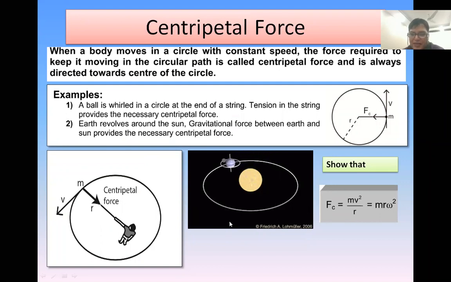If this is a circle along which a body is moving, let's say it is a stone attached to a string, and the string is with the hand. What is responsible for this circular motion? A force which is provided by the hand. It means that nobody can move in a circle without any force.